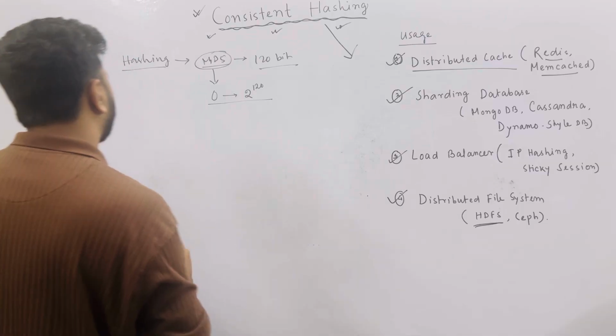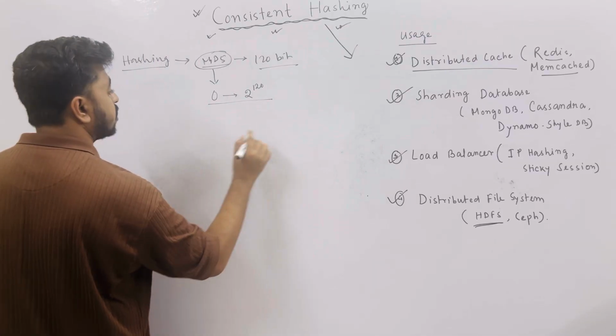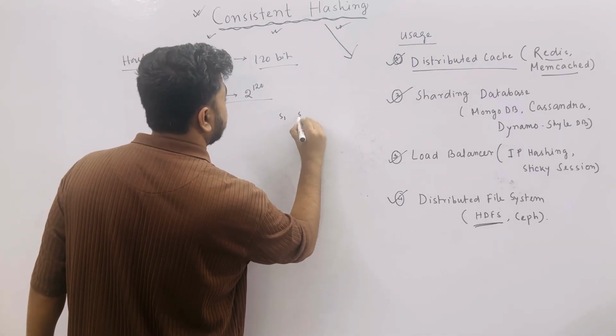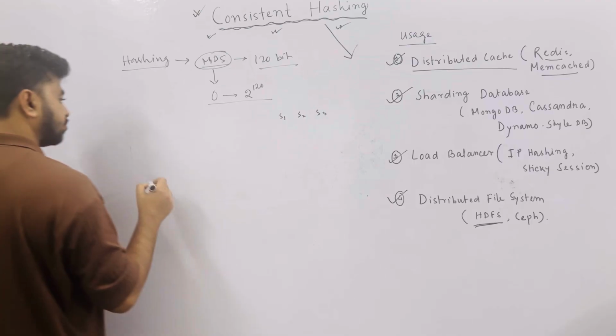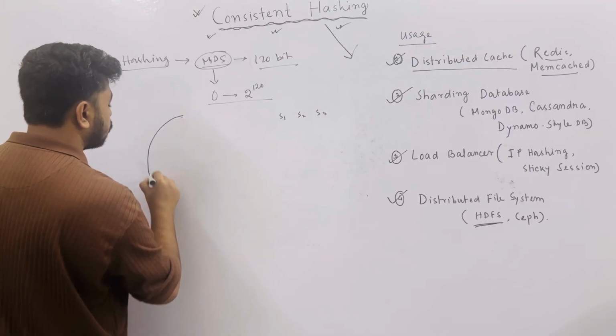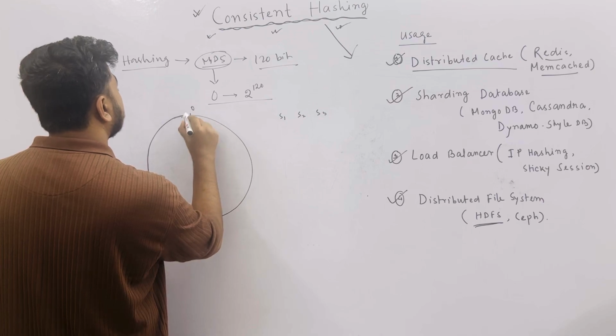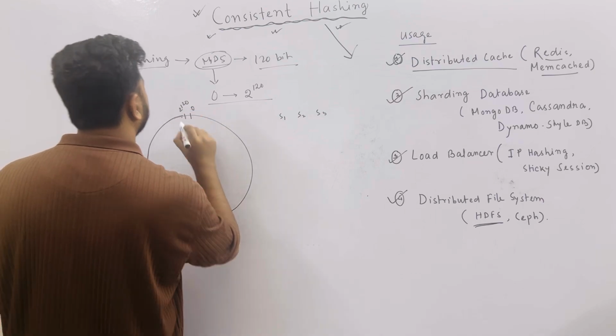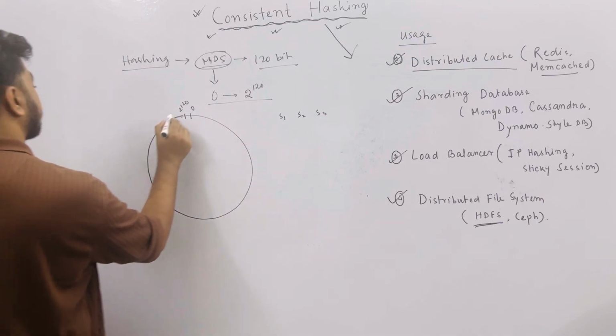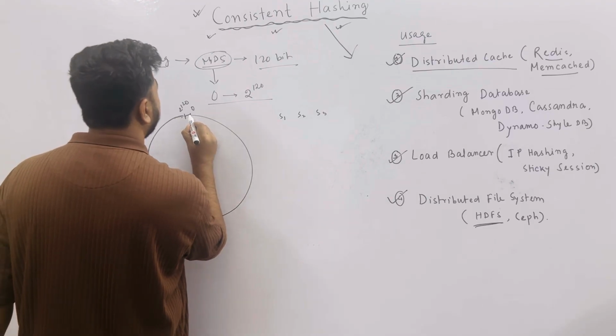Now suppose you have 3 servers, S1, S2, S3, and you create a ring. The ring value is 0 to 2 to the power 120, and after 2 to the power 120 it comes back to 0.